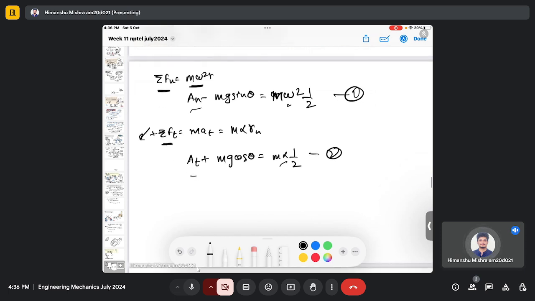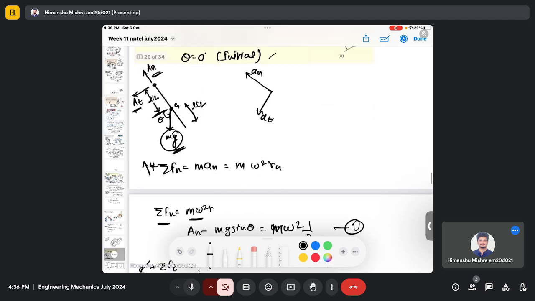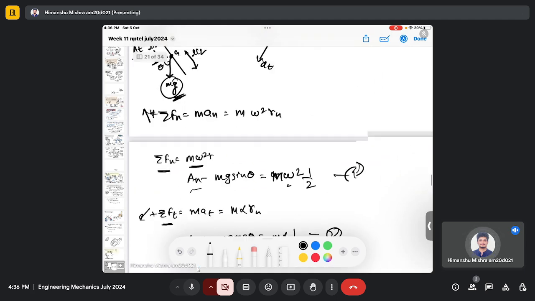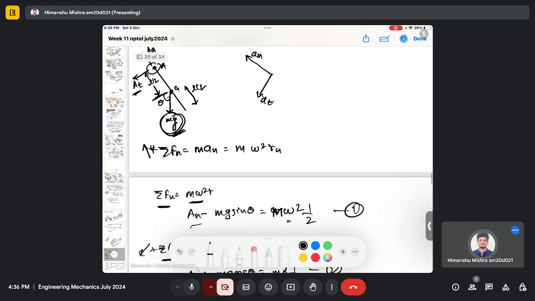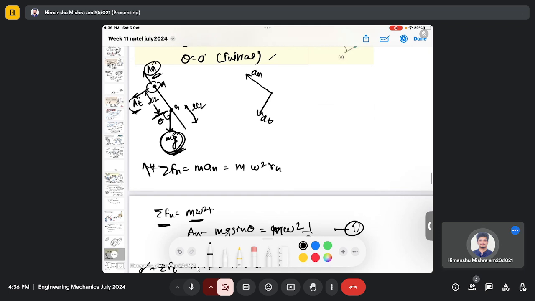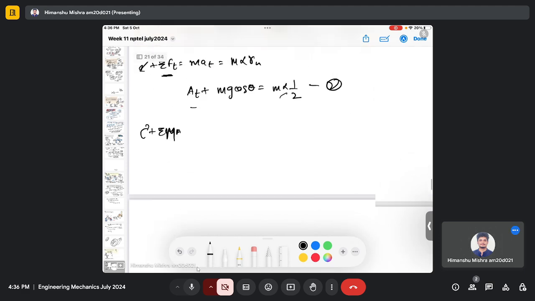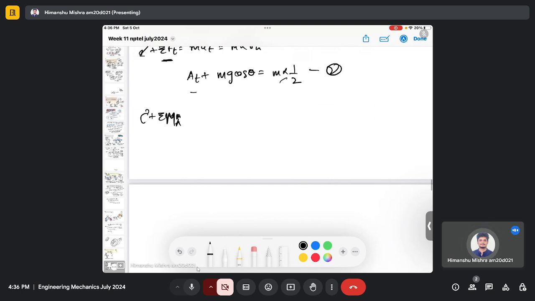So if I write down the moment balance equation and take the moment about point A, the moment is then due to the weight alone. There will be no moment due to the forces An and At, because I am taking the moment from point A, and the moment at point A is equal to I alpha, because this rod is rotating.